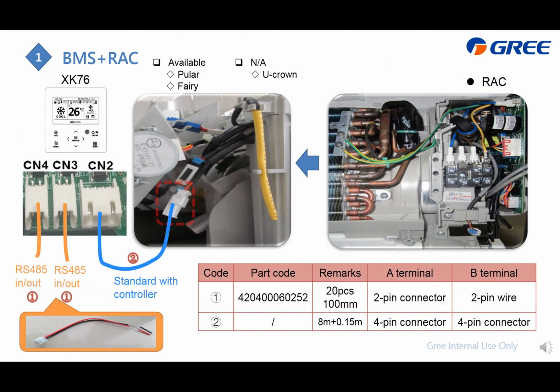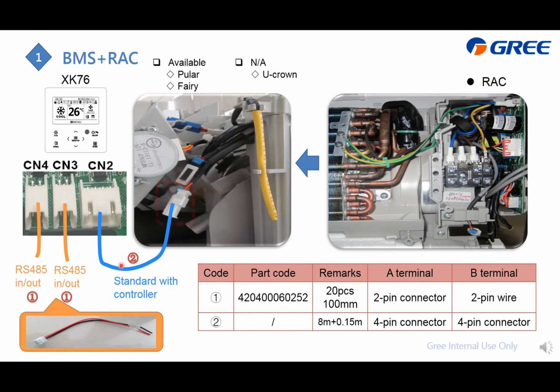This slide displays how to do the wiring from the RAC indoor unit to the wire controller. And here is the indoor unit, the PCB, the terminals. For some models, it has this terminal, which is to connect to the wire controller.